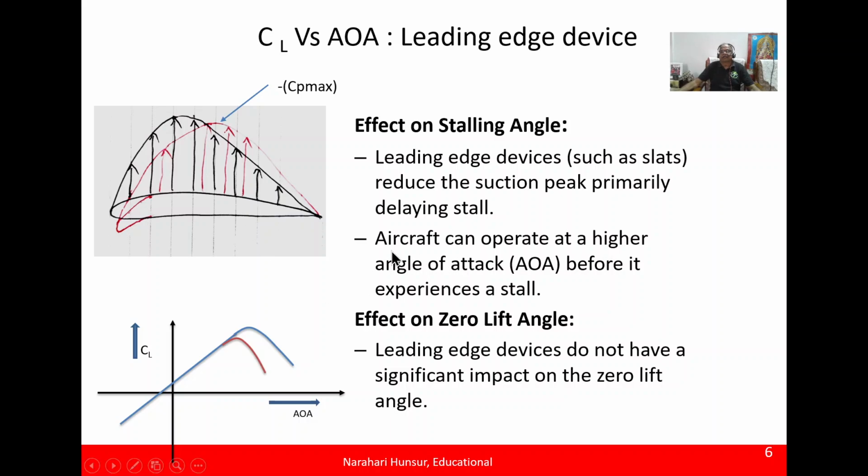So the aircraft can actually operate at a higher angle of attack before it experiences stall. The leading edge devices do not have a significant impact on the zero lift angle. I've just shown a zero lift angle for an unsymmetric airfoil. Otherwise, it would have passed through the zero angle of attack here.